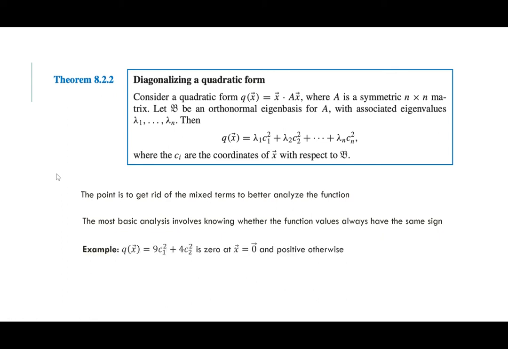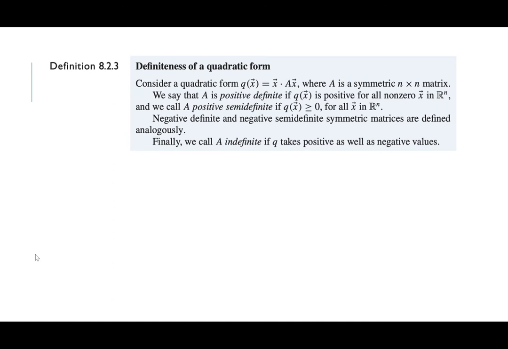For example, like we just saw previously, this quadratic function is positive everywhere that's non-zero. So that's some basic analysis you can do. It turns out this analysis is something one likes to do quite a bit, and so we have terms for this. We call it the definiteness of a quadratic form.